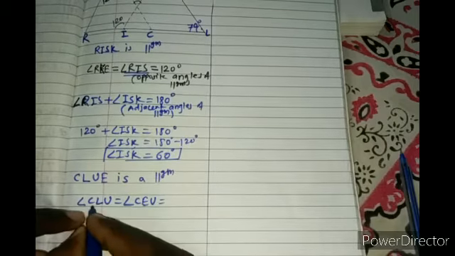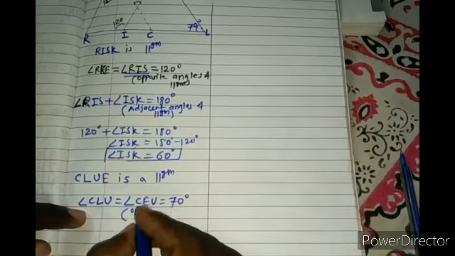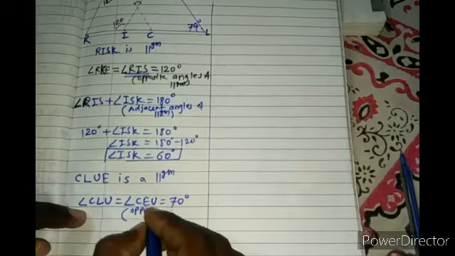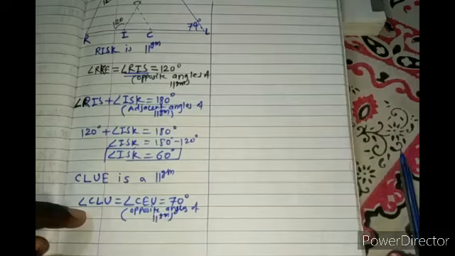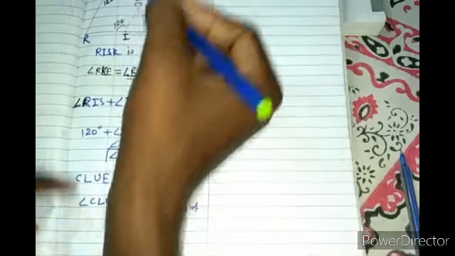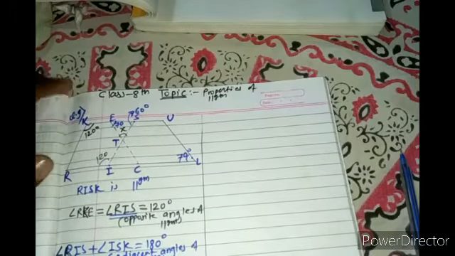And what is CLU? CLU is 70 degrees. Reason? Opposite angles of a parallelogram. So this is also 70 degrees. Now we have to consider the triangle TES.